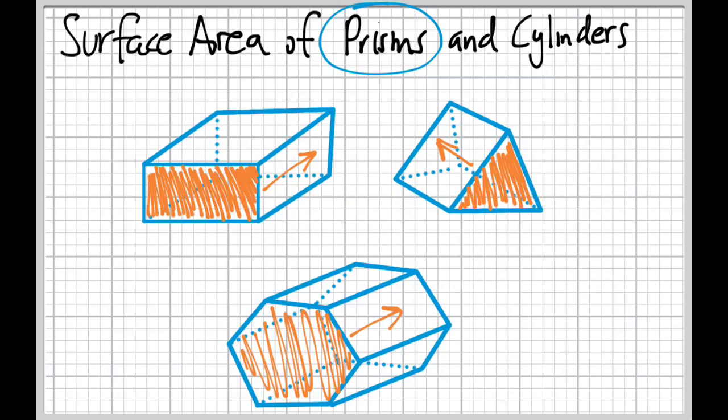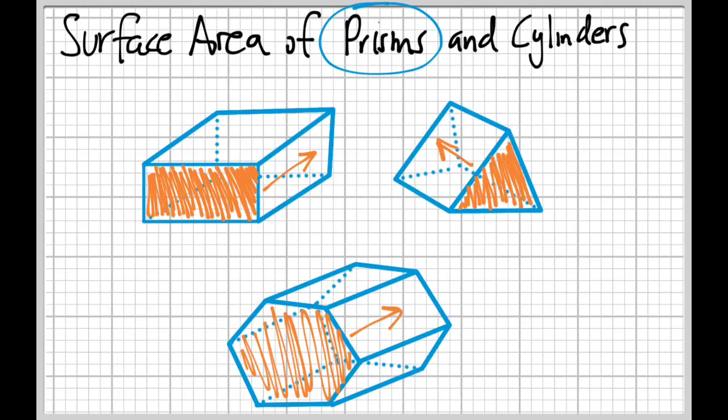And all you have to do is find the area of that shape, multiply that by 2 because there's the top and the bottom, and then you find the perimeter. So in the case of our cylinder, it was the circumference. But if you take the perimeter of that shape and then multiply that by the length or the height of the prism or cylinder, then you get the area all around, right? And then if you add in the top and bottom, then you've got the whole thing.